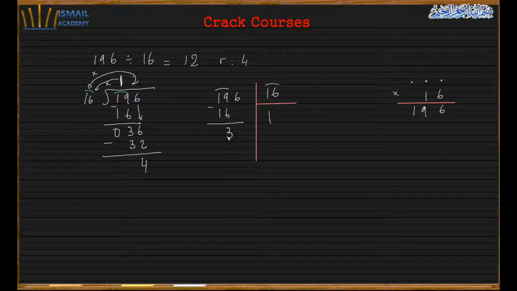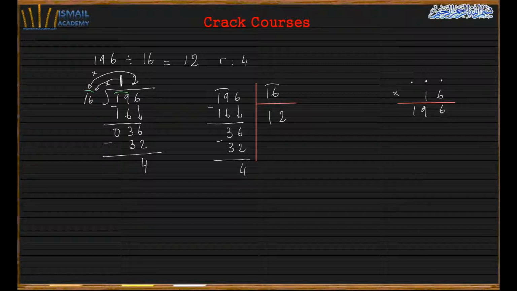I got 3, which is less than 16, so I'm good. I move down the 6 here. Again, which number times 16 gives me 36 or closest to 36? Again, 2 is the answer. 2 times 16 is 32, and here I will have 4 as my remainder.